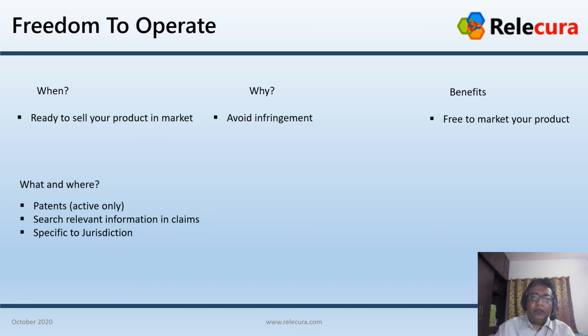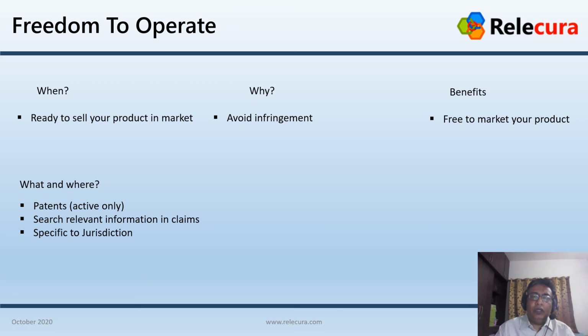Third type of search is freedom to operate. As the name suggests, it gives us freedom to operate in the market. So whenever you want to launch your product in the market, before that you always do a freedom to operate search, or FTO search. It helps us to know whether we are infringing anybody else's patent or not. As I told you, we should do this search when our product is ready to sell in the market to avoid infringement.